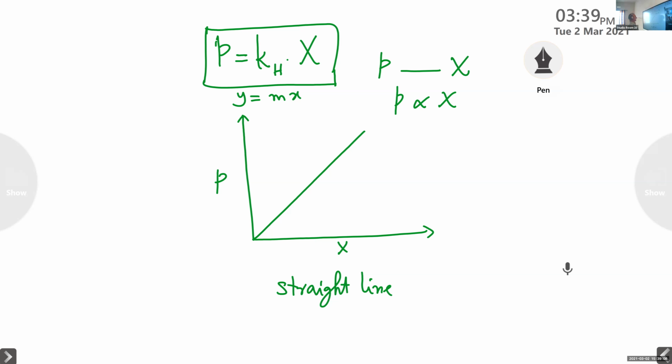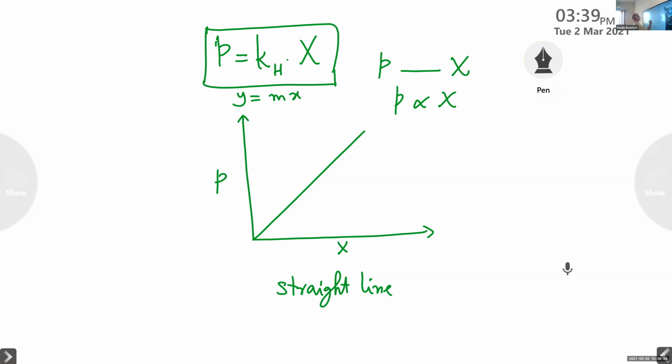Here, the relation P is equal to Kh into X is similar to y is equal to mx. So we get a straight line passing through the origin.